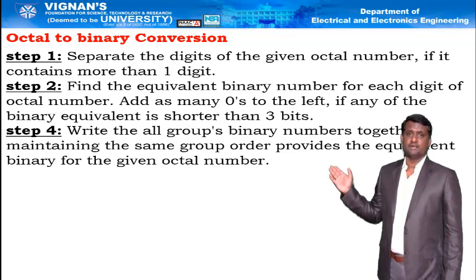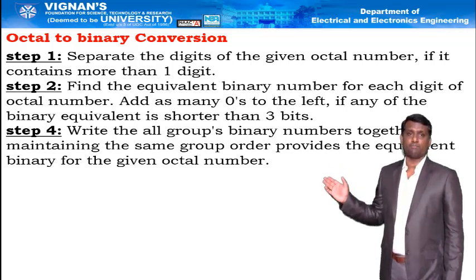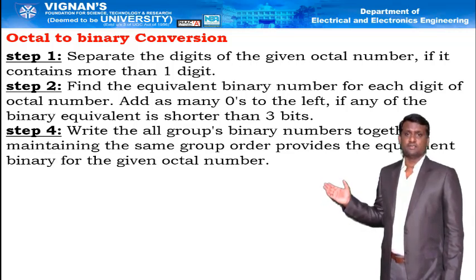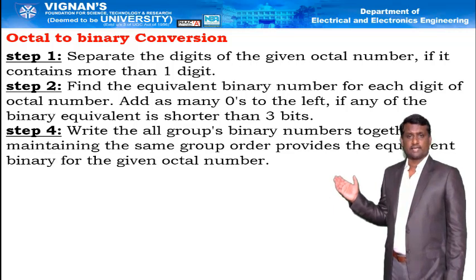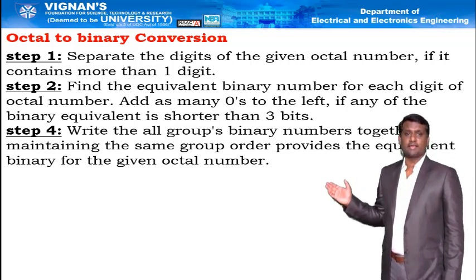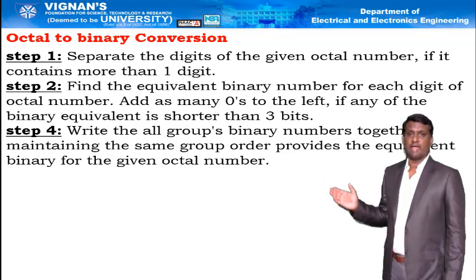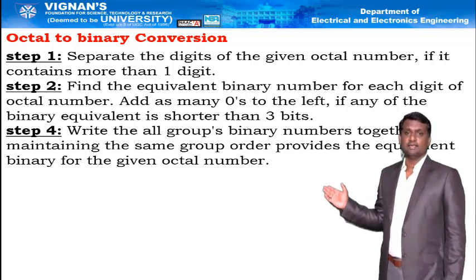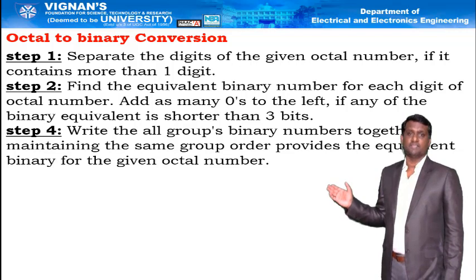Second step is to find the equivalent binary number for each digit of the octal number. If any digit is missing, add that many zeros on the left. Next, write all the grouped binary numbers together, maintaining the same group order. This provides the equivalent binary for the given octal number. We will see that with an example.